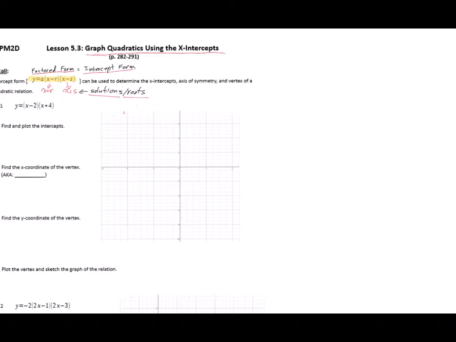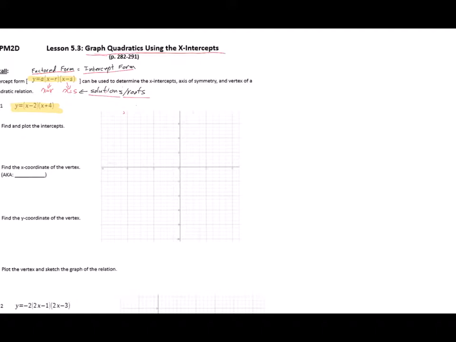So to start today's lesson, we should take a look at this quadratic. We have y is equal to (x minus 2)(x plus 4). Let's quickly find the x-intercepts by using the intercept form.